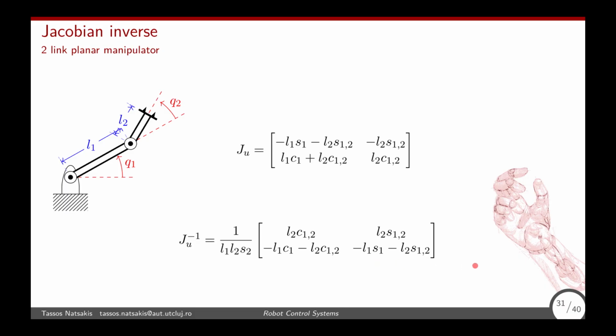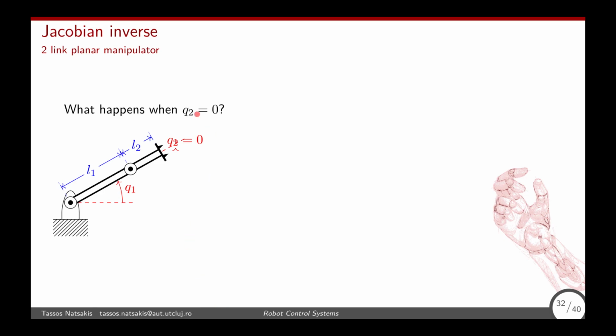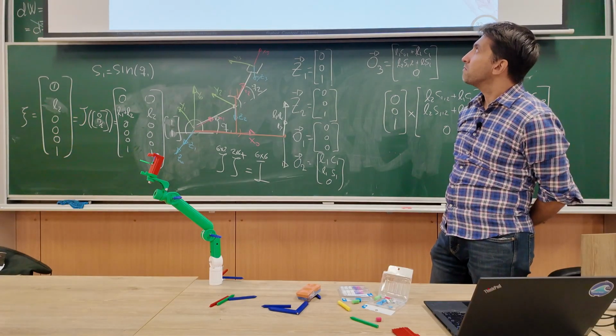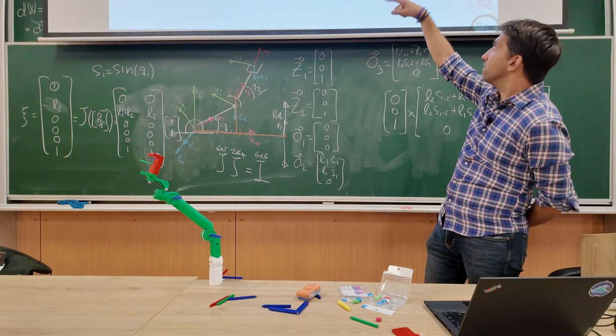Now, some interesting cases. What happens with this Jacobian when Q2 is 0? And the inverse of the Jacobian. What do we have here?